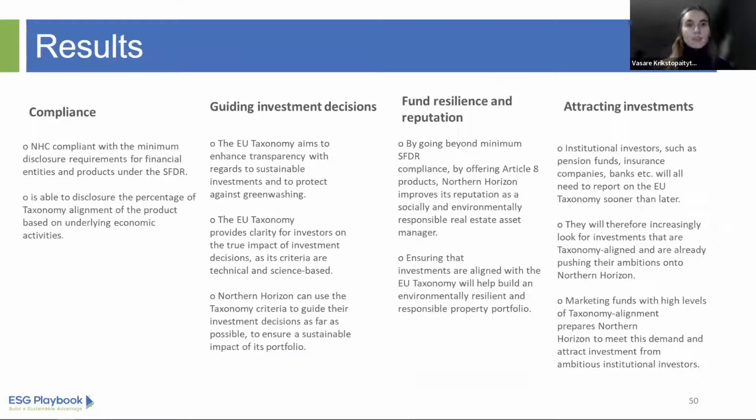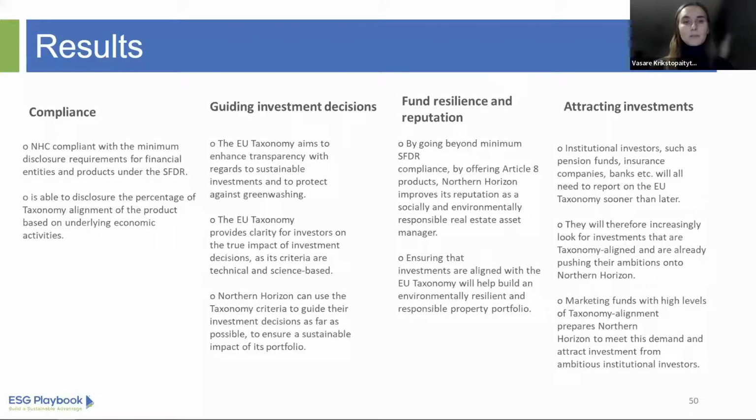So what we received is, of course, as I mentioned, legal compliance, which was the main reason why we did EU taxonomy alignment in general, to be able to show our taxonomy alignment percentage for SFDR reporting. Then, because EU taxonomy is the only really regulated and technical sustainability framework, we are aiming to reduce greenwashing.